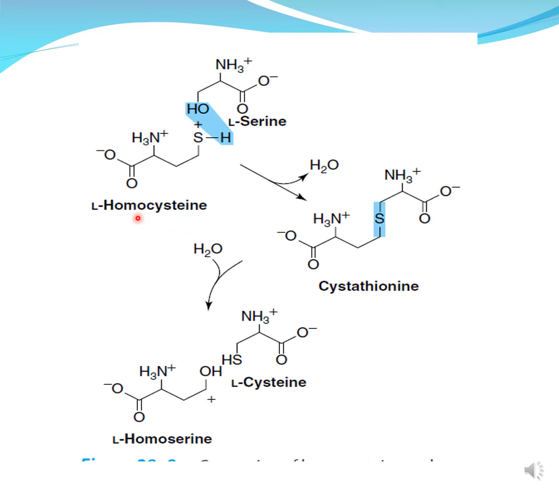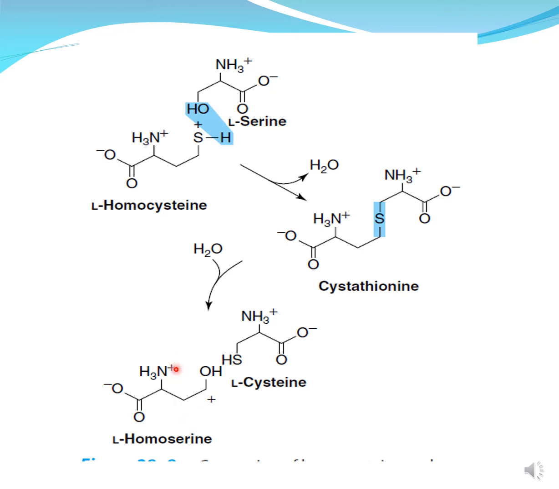So this homocysteine is derived from methionine. You have to remember this. Homocysteine is derived from methionine. L-homocysteine combines with serine, forming cystathionine. And here the sulfur group is transferred from L-homocysteine to serine, resulting in the formation of cysteine and L-homoserine.